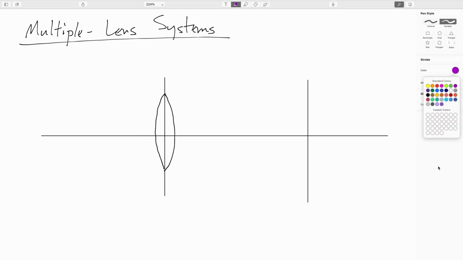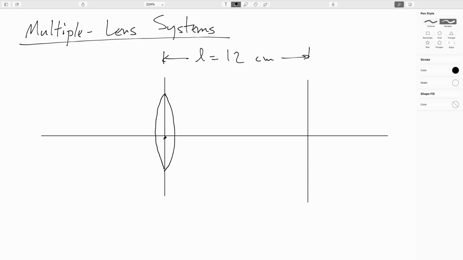So we'll go ahead and just kind of color code that off a bit. We're going to have a 12 centimeters spacing between these, so we'll dimension that in. So 5 centimeters would be not quite halfway. So let's use purple for the first lens here. Yeah, that looks like maybe that, and then kind of match it over there.